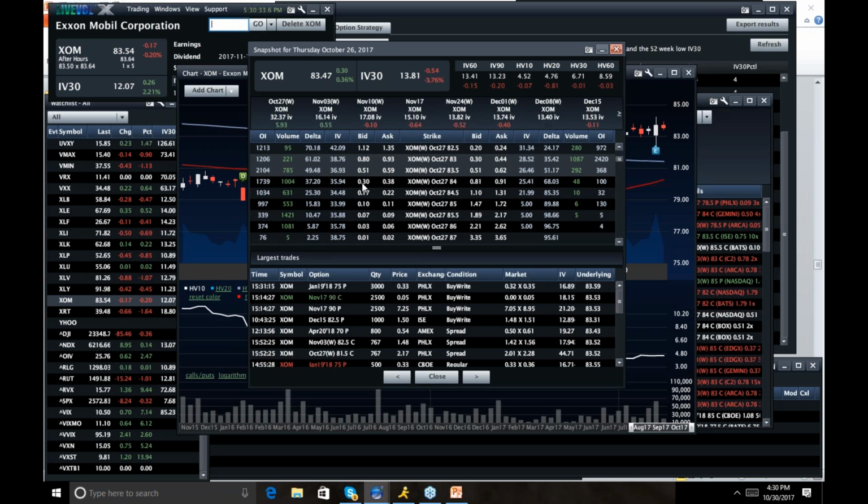I can buy the 84 calls for 35 cents, or I can buy the 83.5, 85 call spread for about 45 cents. So I'm doing a 1.5 point vertical for 45, or I can do the 84s for 35. What's the better trade?